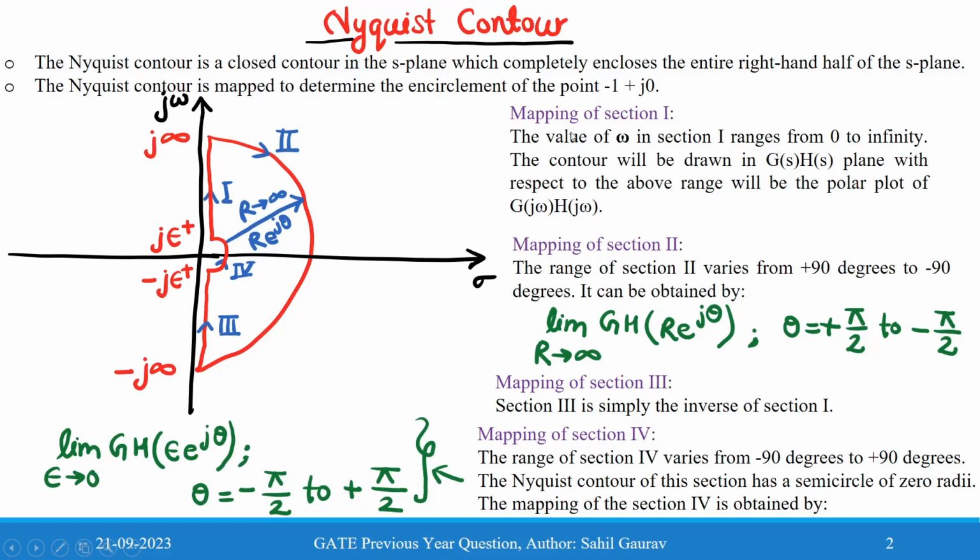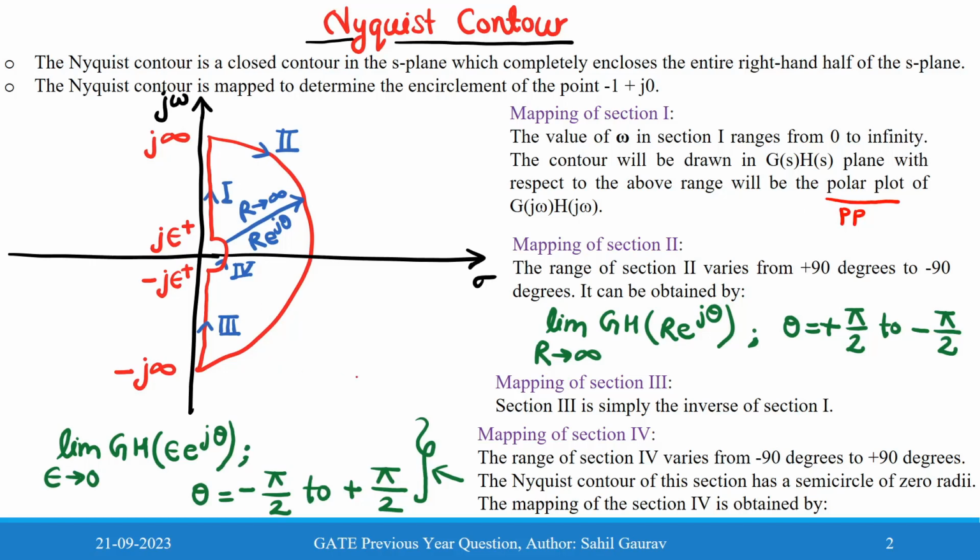For section 1, the value of omega ranges from 0 to infinity, and the contour drawn in the GH plane for this range will be a polar plot of G(j omega)H(j omega). So for section 1, we have to draw the polar plot of the open loop transfer function G H of j omega.